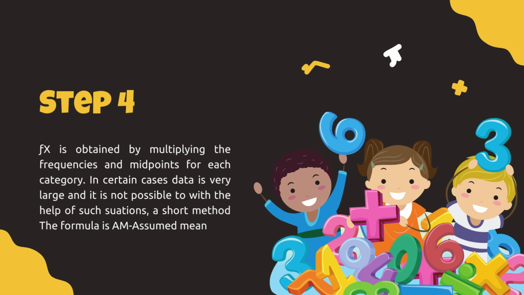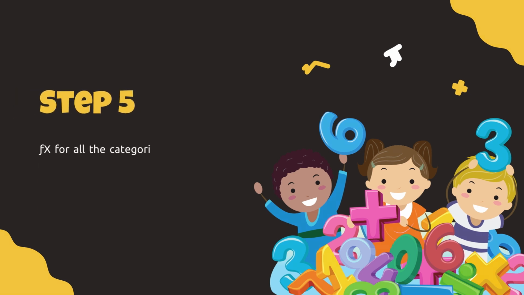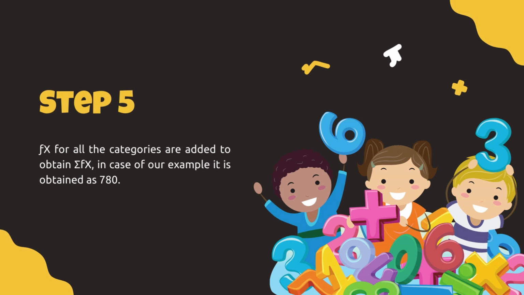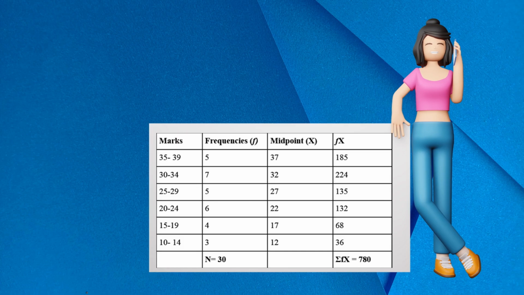In the fifth step, we have to sum up all the fx scores, which is indicated in the very bottom row of the last column, and you can see summation of fx is equal to 780.